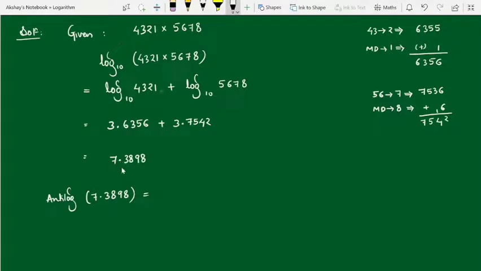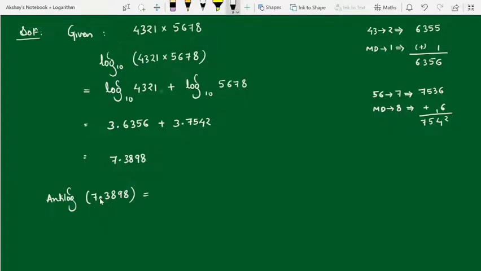Start from this decimal. Now in this anti-logarithm table, at the top left corner, values will start like 0.00, 0.01, could you see that? 0.02, 0.03. In that you just search for 0.38.